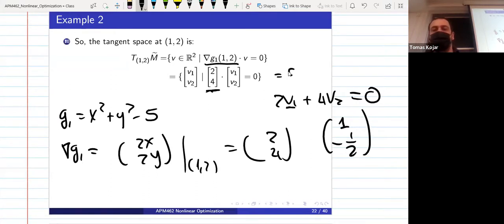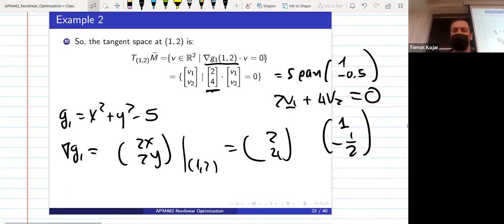So this is the span of (1, -0.5). So it's a one-dimensional tangent space.